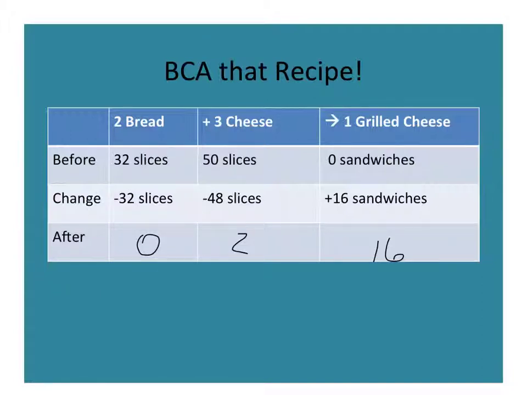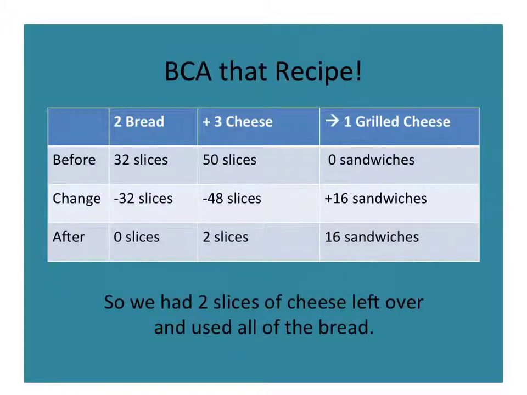So in looking at all of this, we have come up with 2 slices of cheese are left over if we use up all of the bread. This means that our limiting, what stopped the reaction from continuing on, was the bread. This one was limiting.